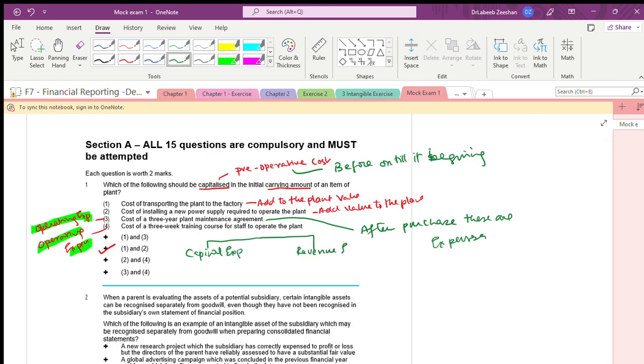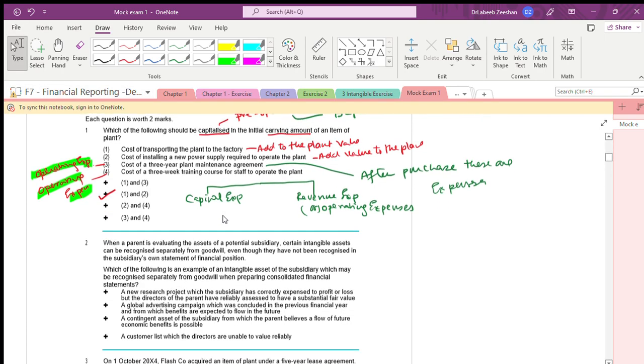You call it revenue expenses or operating expenses. These two are capital expenses. These two are operating expenses. Is it okay with you? Yes, it's okay. Yes, good.